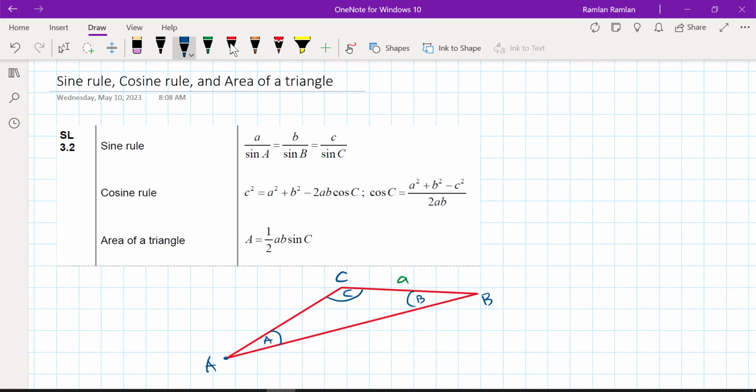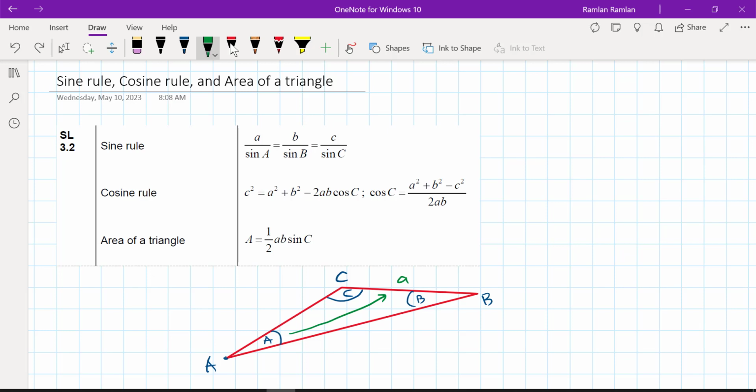The second one is the side length. The side length always corresponds to the side opposite the angle. So if this angle is capital A, the side opposite to it is named with the same letter, but lowercase a.